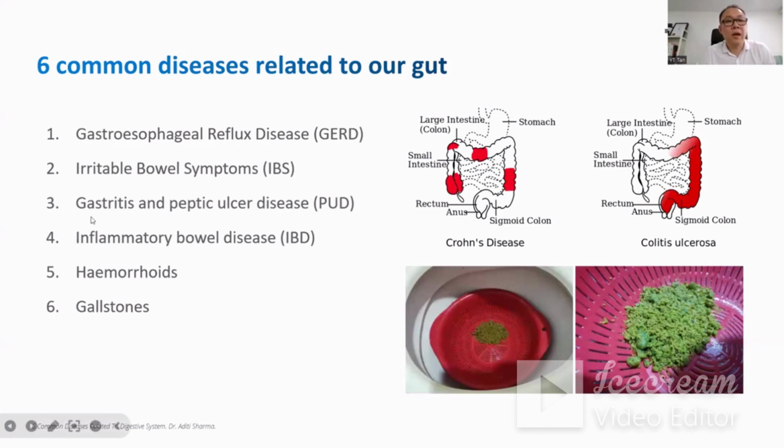This is quite common as well. Gastritis and peptic ulcer are quite common, and stomach cancer is very common in Japan and Korea. These two countries are the top countries for gastric issues.